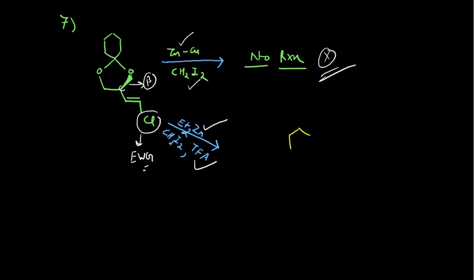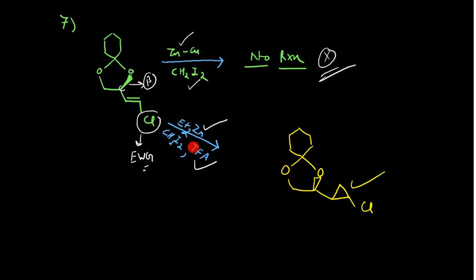This is your 6-membered ring. There is no problem. This is the oxygen, this is oxygen again, and that is beta, and then this double bond will form this, and then you are having the chlorine when you have this reagent.